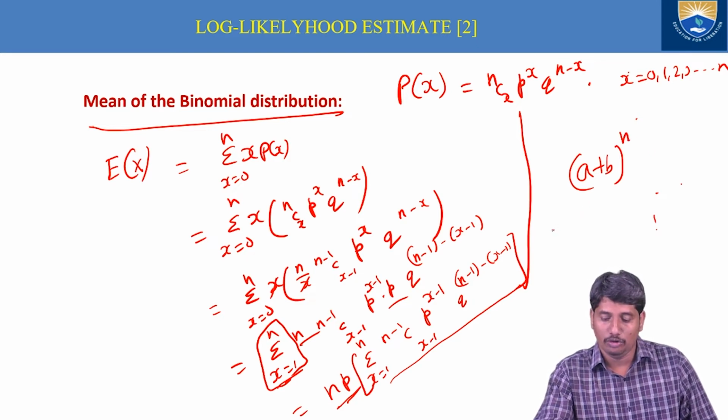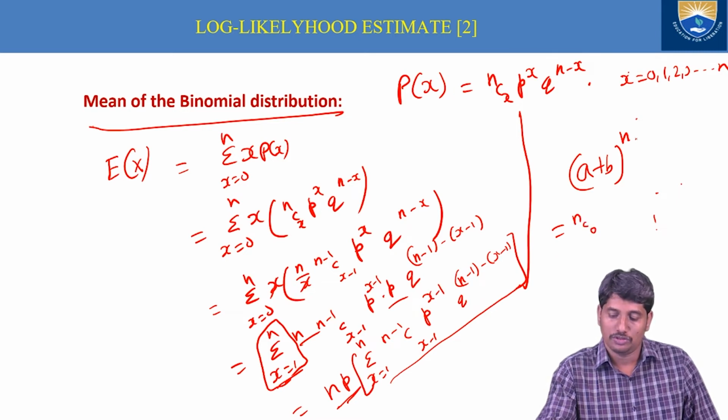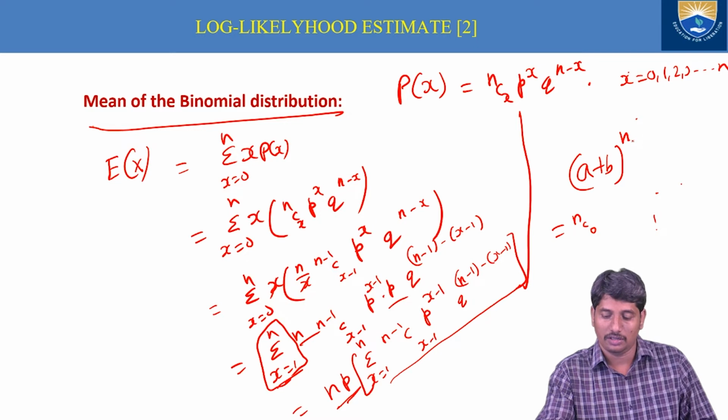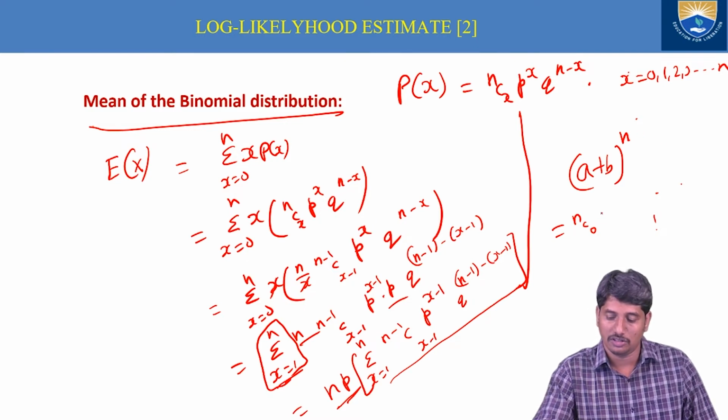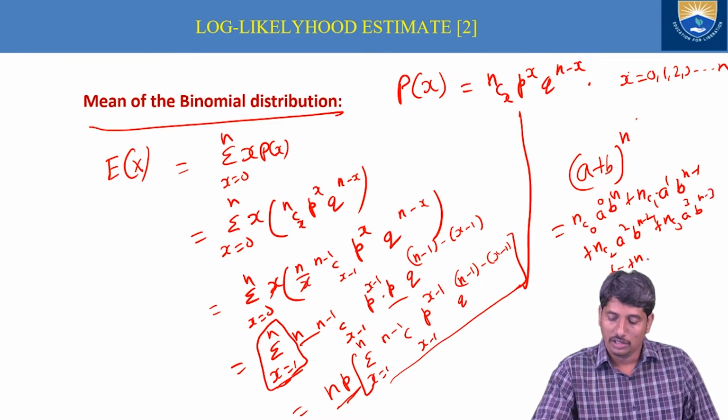That is a plus b whole power n equals nc0 a power 0 b power n plus nc1 a power 1 b power n minus 1 plus nc2 a square b power n minus 2 plus nc3 a power 3 b power n minus 3, and so on, ncn minus 1 a power n minus 1 b plus ncn a power n into b power 0.